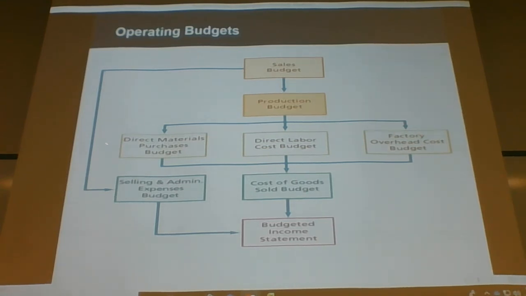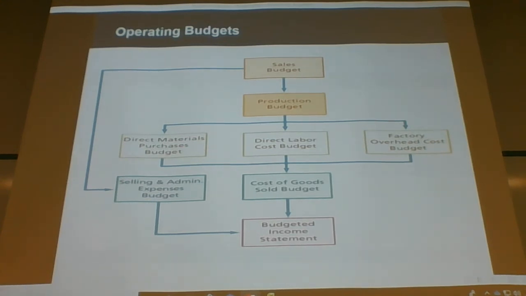Okay, so these three items here are going to ultimately compose our cost of goods sold once we've sold the goods, that is. We also have this line here, selling and administrative expenses budget. These are not product costs.